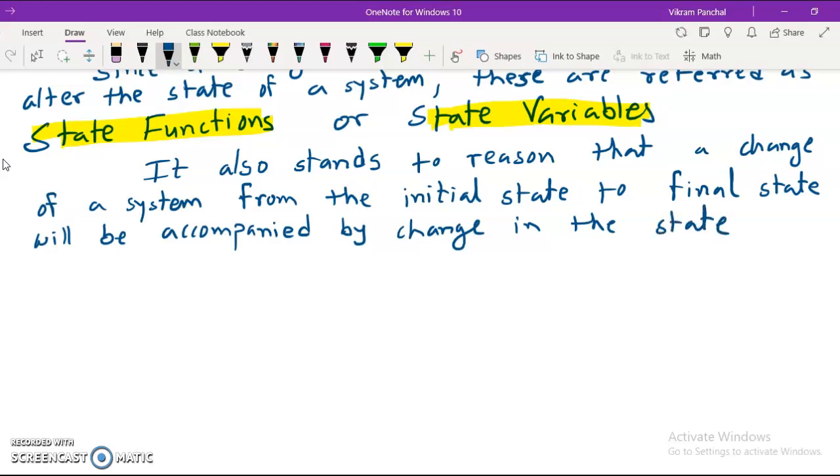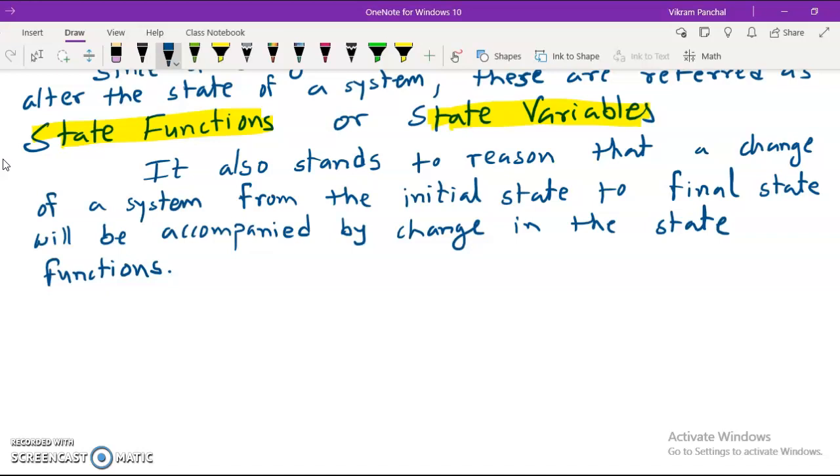That means whenever you change either temperature, pressure, or volume of a system, then the system will change. But in this change, we will consider the initial state and final state, not intermediate states in which the change is continuously going on.